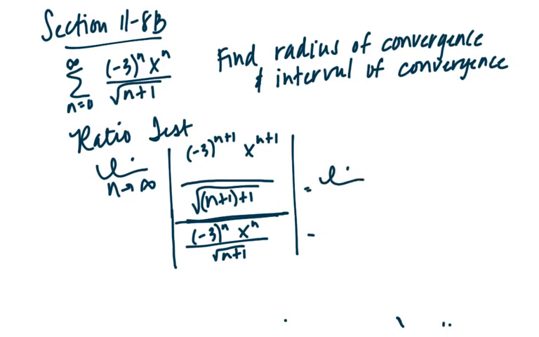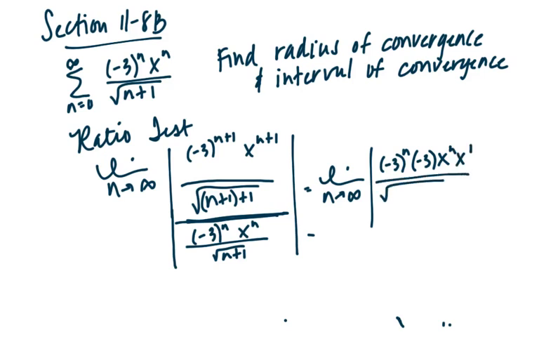So let's say the limit as n approaches infinity. We have negative 3 to the n plus 1, negative 3 to the n times negative 3, x to the n, x to the 1, over the square root of n plus 2, times the square root of n plus 1 on top. We have negative 3 to the n, x to the n.